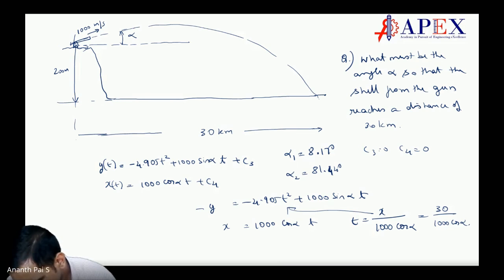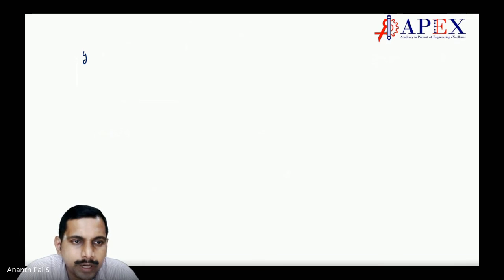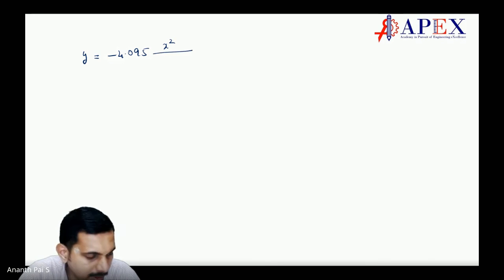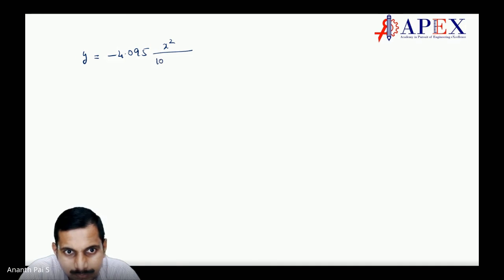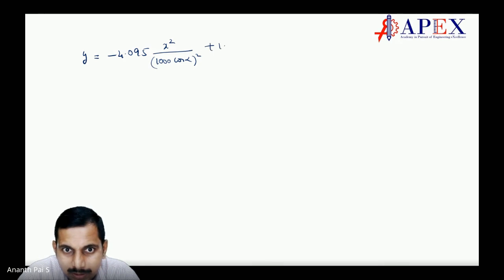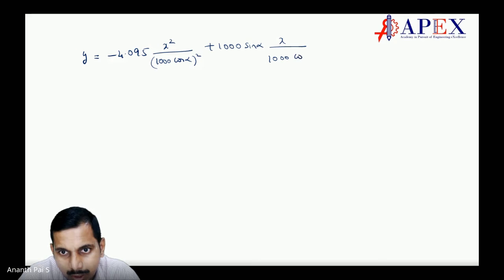So let us do it. So what happens here? Y is equal to minus 4.905 into x square divided by 1000 cos alpha the whole square plus 1000 sin alpha into x divided by 1000 cos alpha.